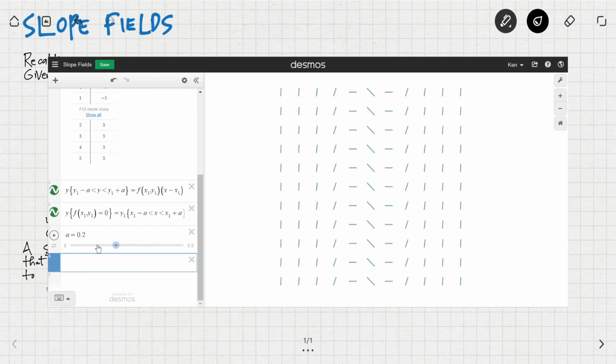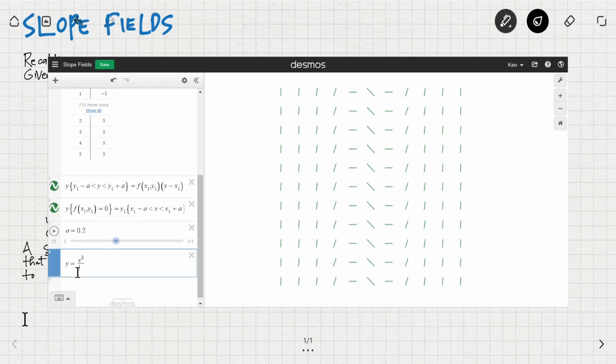Yung general solution natin is of the form y is equal to x cubed over 3 plus x, then plus c. So let me add 1, for example.